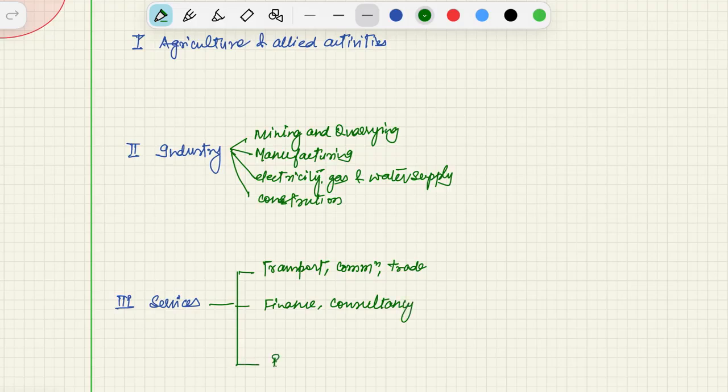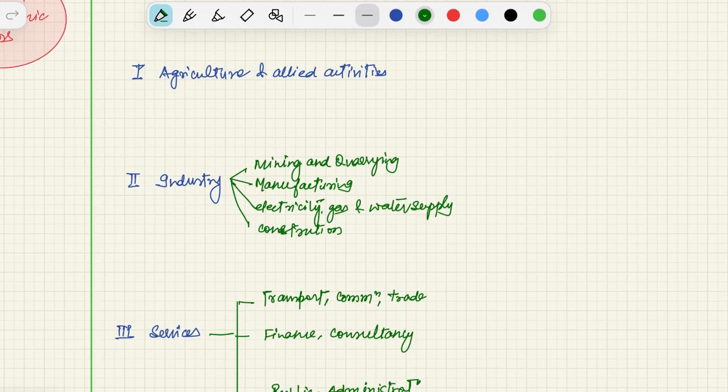Next, public administration services. All right. Okay, allied activities comprise animal husbandry, fisheries, forestry, etc.